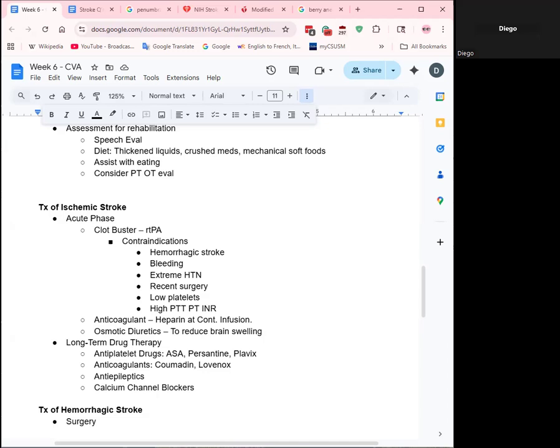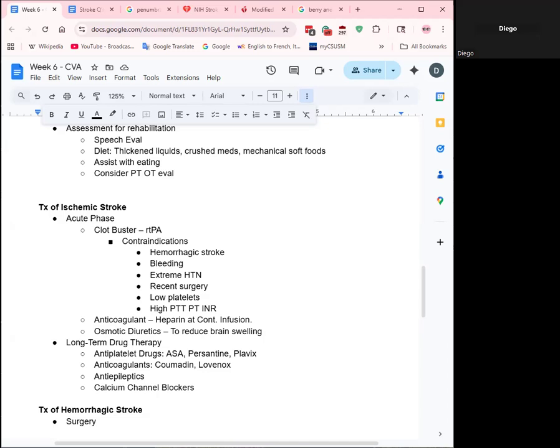Recent surgery would make you less likely to get it, because their body already got kind of dug into. Depending on how recent the surgery is, their body might not be able to handle it. They might have recently been on certain medication that they're not supposed to be on with the RTPA, and then the high PTT and PT INR.